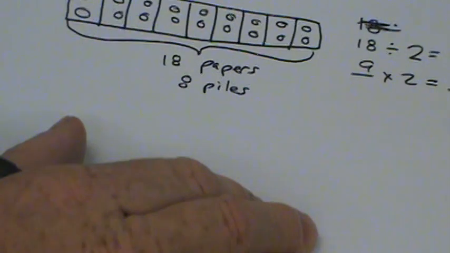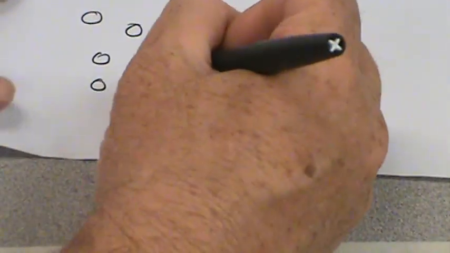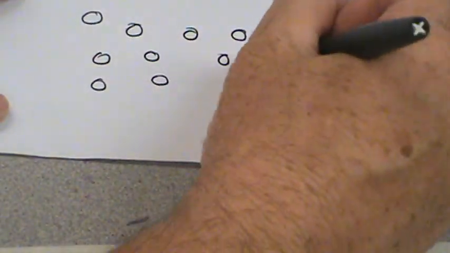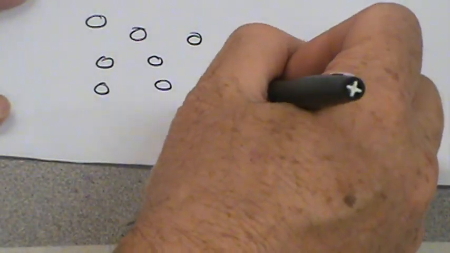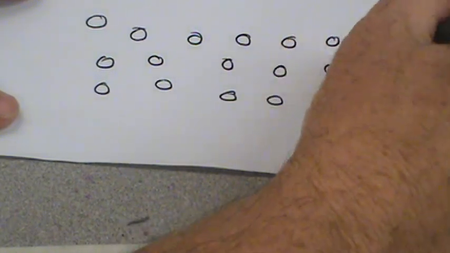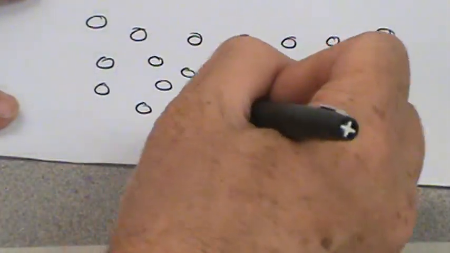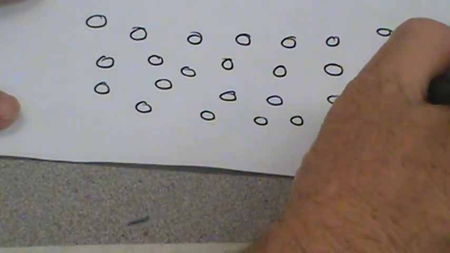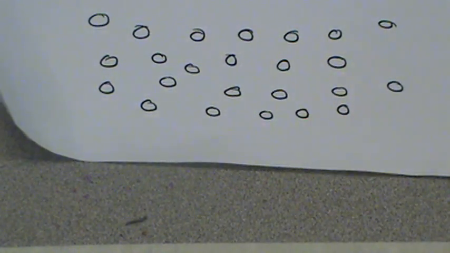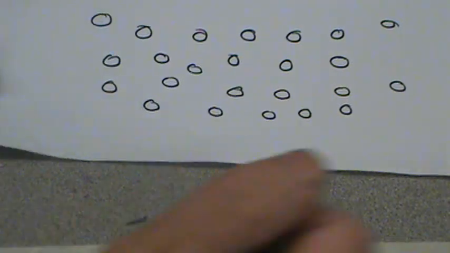Let's say if the papers were really messy and all over the place, and I want you guys to try this one on your own. We have 1, 2, 3, 4, 5, 6, 7, 8, 9, 10, 11, 12, 13, 14, 15, 16, 17, 18, 19, 20, 21, 22, 23, 24. We know there's 24 pieces of paper. They need to go into 3 piles, okay?